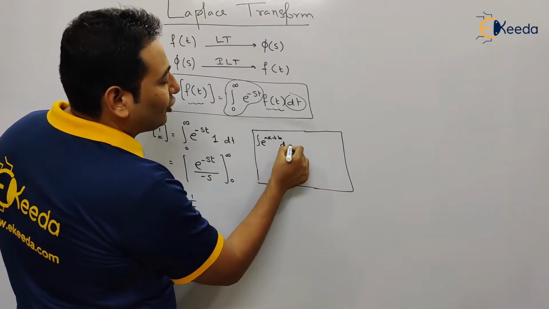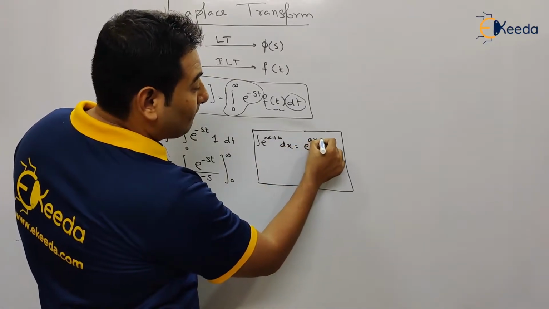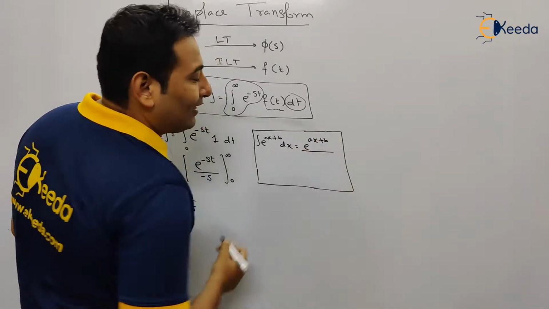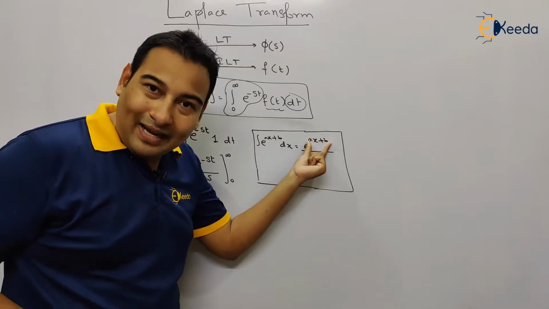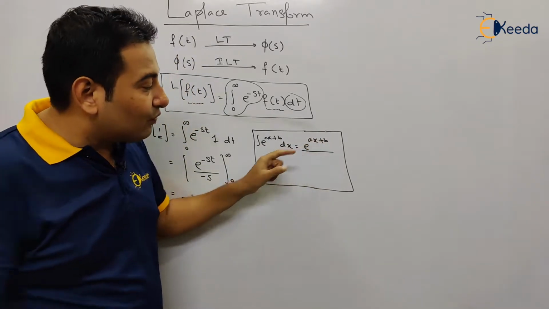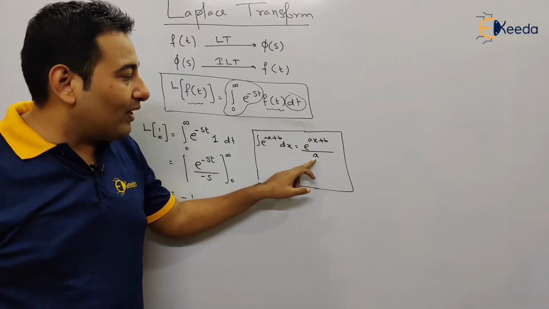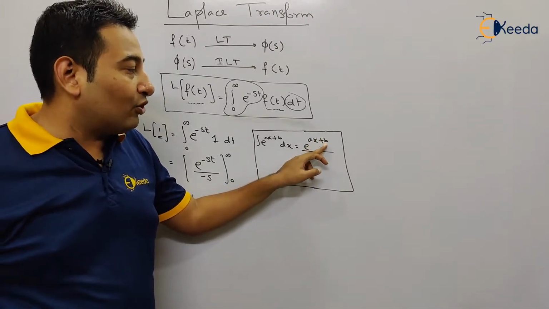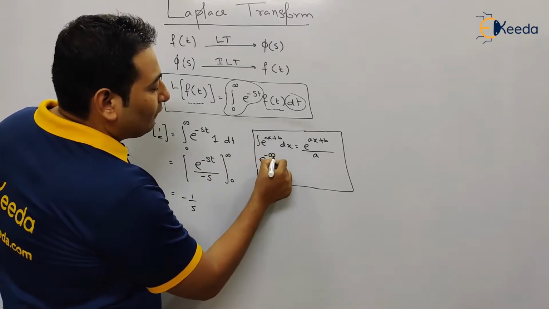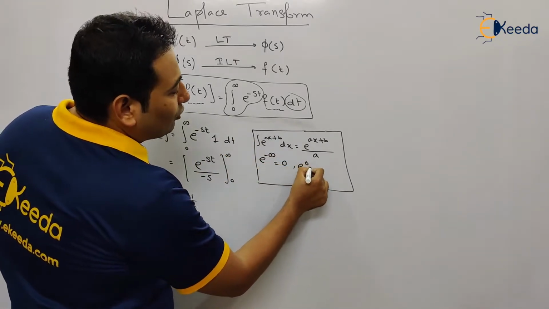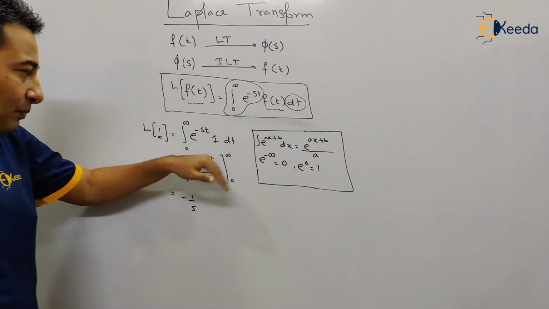The exponential remains as it is, and whatever is with x, we divide by that term. With x we have a, so we divide by a. We don't bother about this b, because b is a constant. Also, e raised to minus infinity is 0 and e raised to 0 is equal to 1. These are the things that will be required in this particular problem.